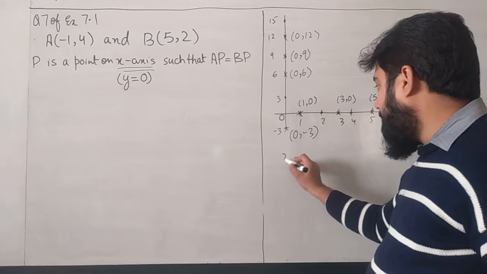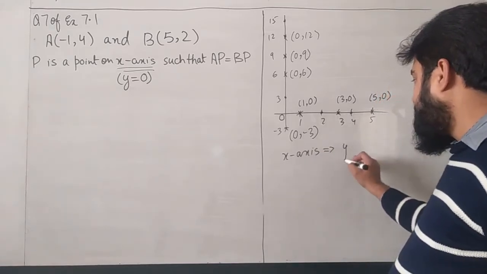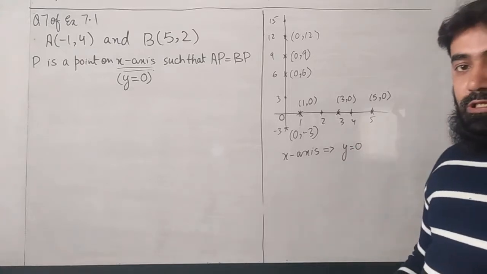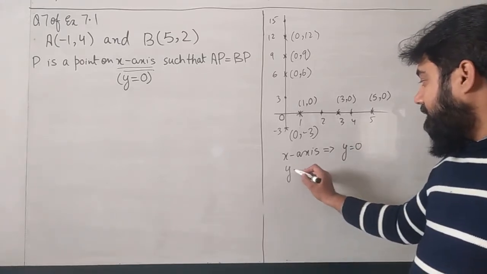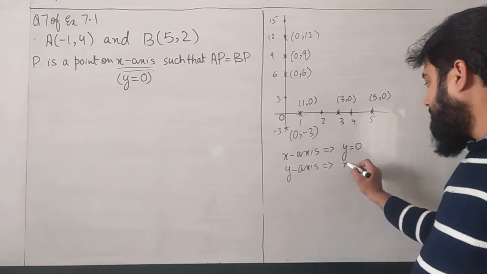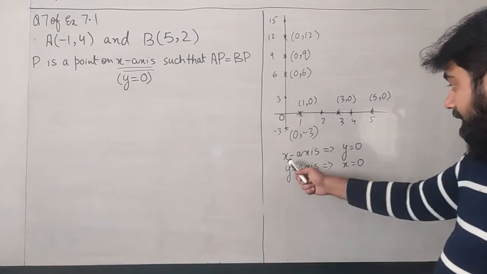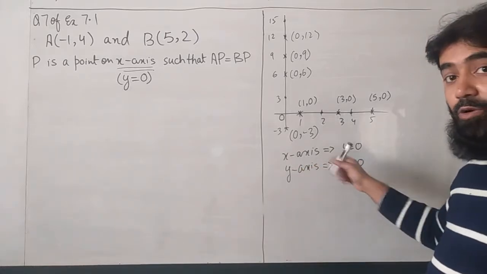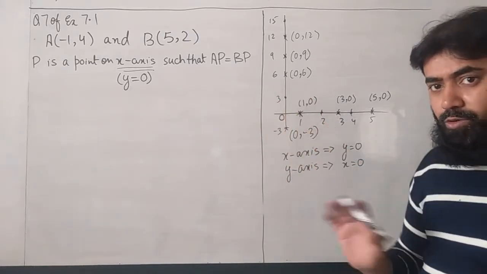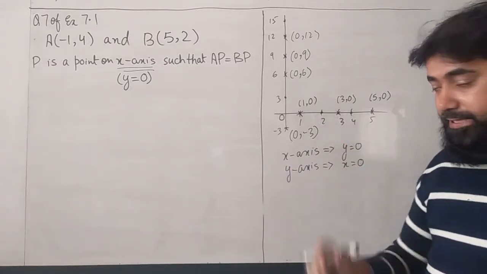So now remember, when they say a point is on x-axis, it means you have to take y equals 0. And if they say a point is on y-axis, then the coordinate of x will be taken as 0. On x-axis, y will be 0 and x will have some value that I don't know, but y will be 0. That is a constant thing on x-axis.